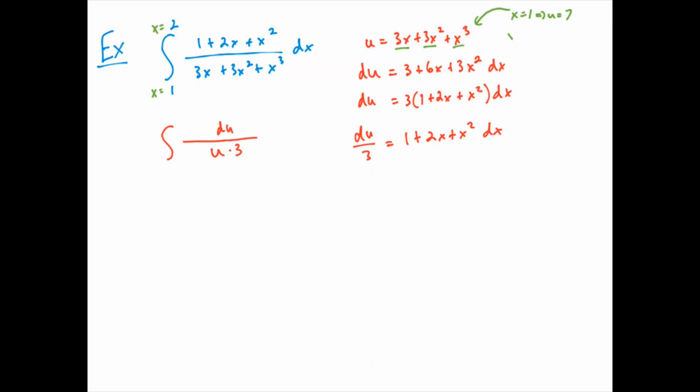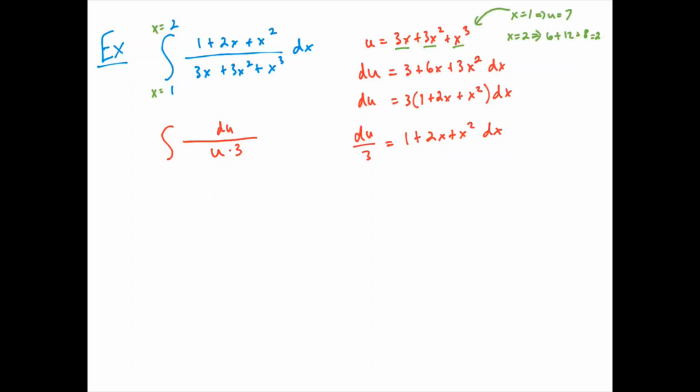And then when x is 2, what u value do I get? Well, I get 3 times 2 is 6, plus 3 times 2 squared, 3 times 4 is 12, plus 2 to the third is 8, so we get 26. Whoops, we get 26 here. Having trouble writing on the edge of the page.